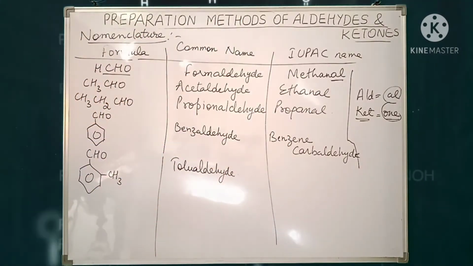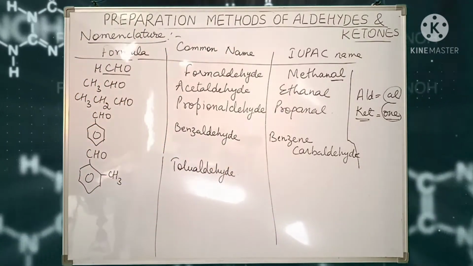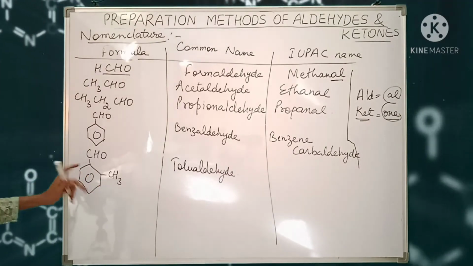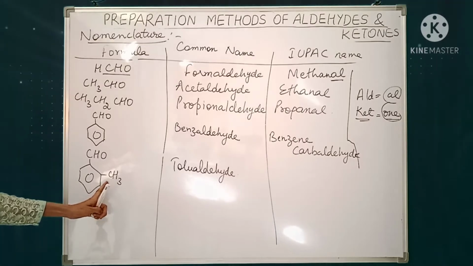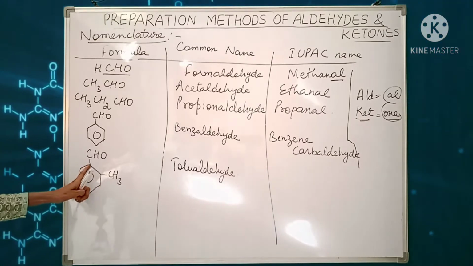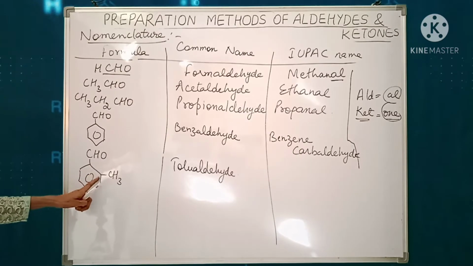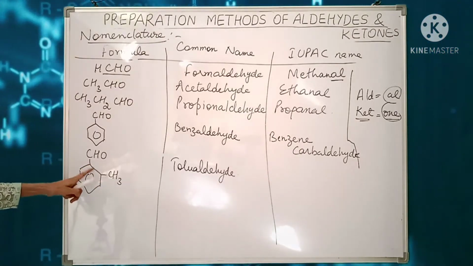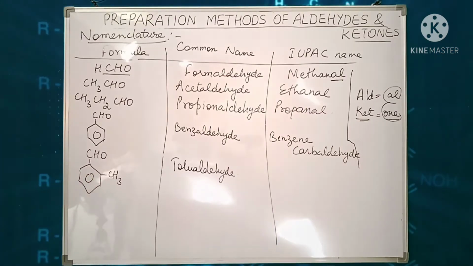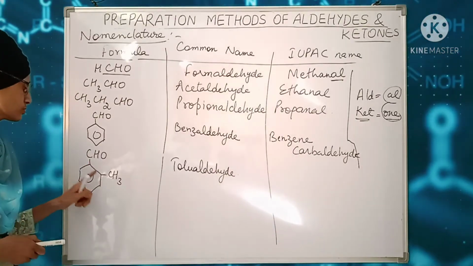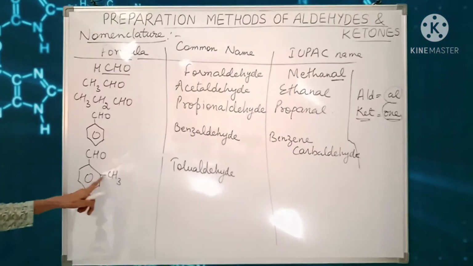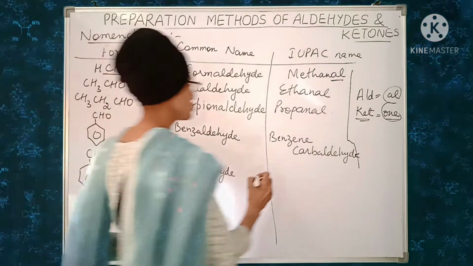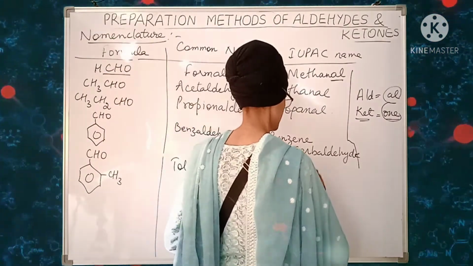If you write its IUPAC name, benzaldehyde will be taken as the parent chain, and methyl will be taken as the prefix, which is at position 2 with respect to this functional group. The functional group is always given number 1 and the next number is given to the next carbon, which has the methyl group. So methyl will be at position 2, and its name will be 2-methyl benzaldehyde.